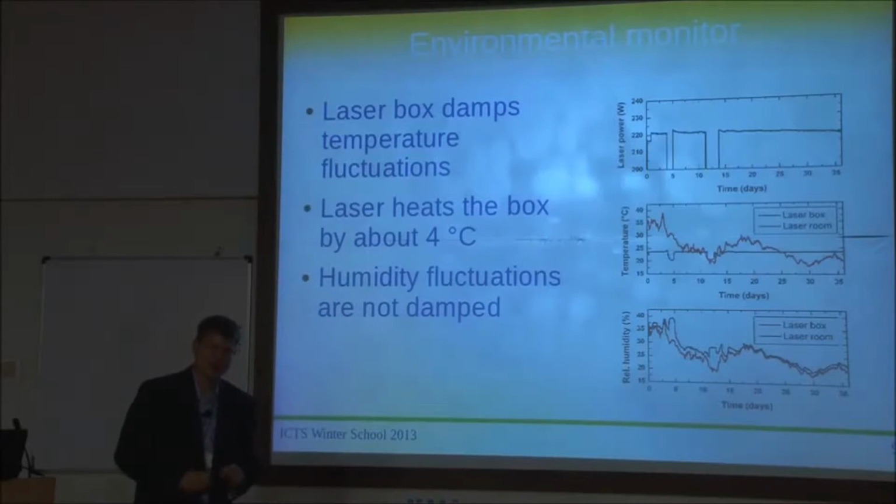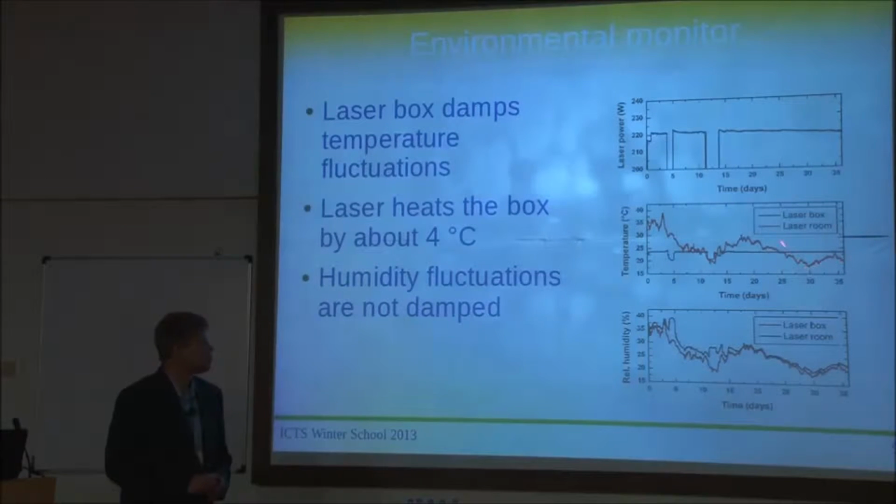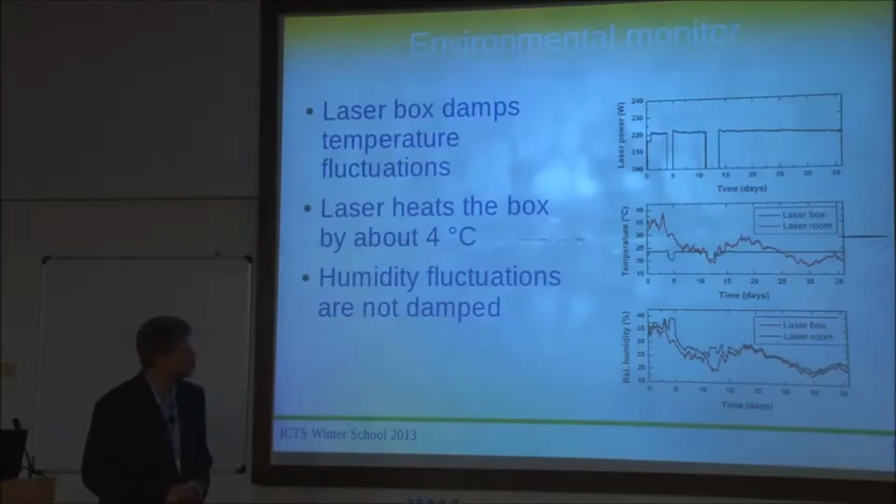We were really worried about that, and we were really happy when we saw this graph, because it shows that not only the temperature fluctuations inside the laser room are damped, we could also show that the temperature does not really go higher than this 25 degrees or so.